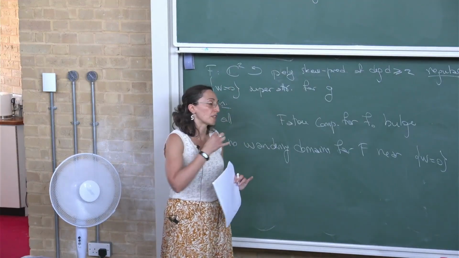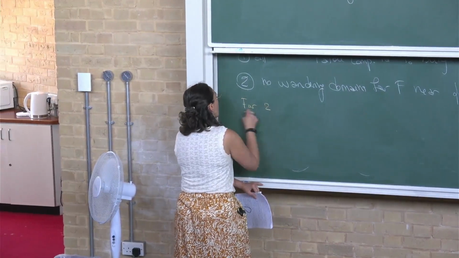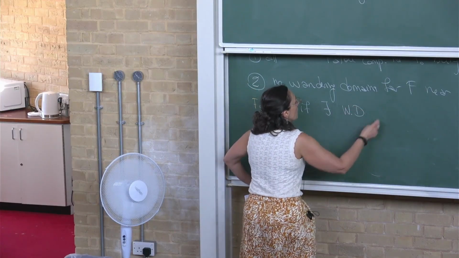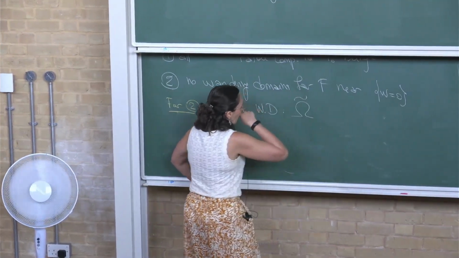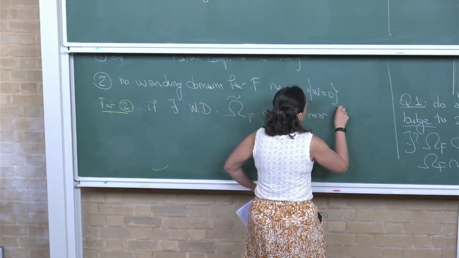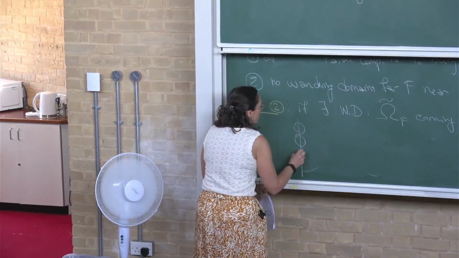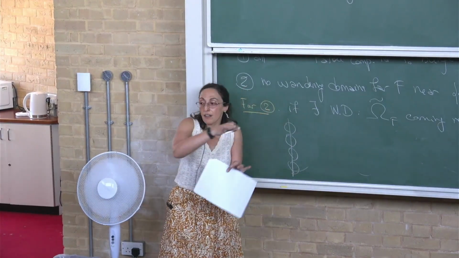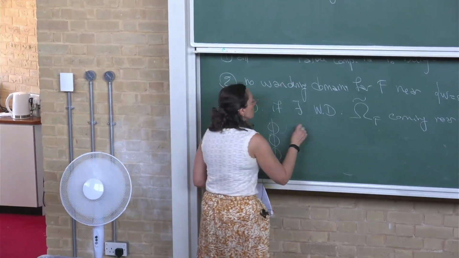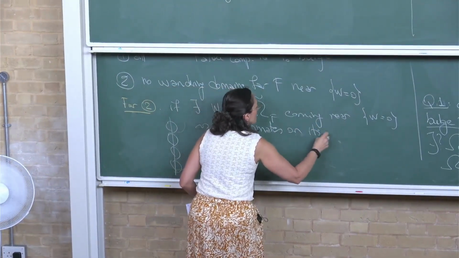And what does he prove? He proves, so for 2, if there exists a wandering domain, let's call it omega tilde for f coming near w equal to 0, then it has to kind of be smaller and smaller, because it cannot touch the other invariant or pre-periodic Fatou components, and so it's coming near, and so you get estimates on its size.